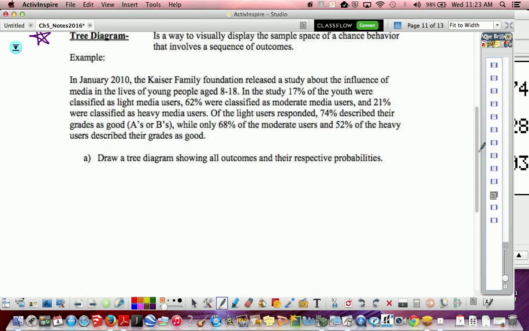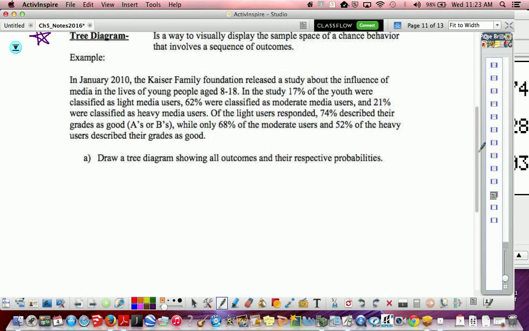It says, in January of 2010, the Kaiser Family Foundation released a study about the influence of media in the lives of young people aged 8 to 18. In the study, 17% of youth were classified as light media users.